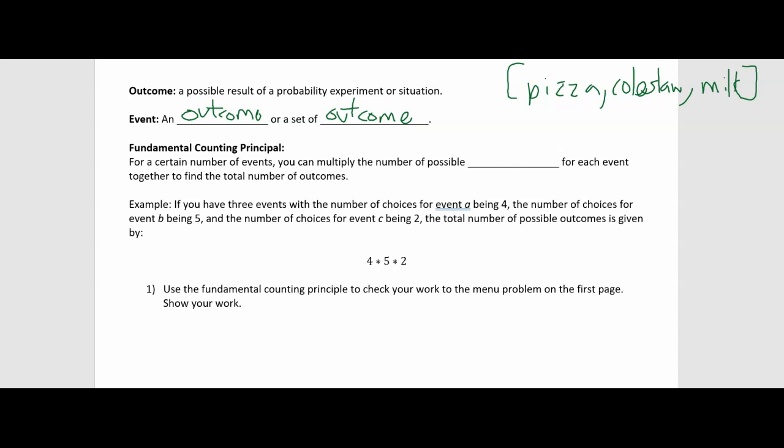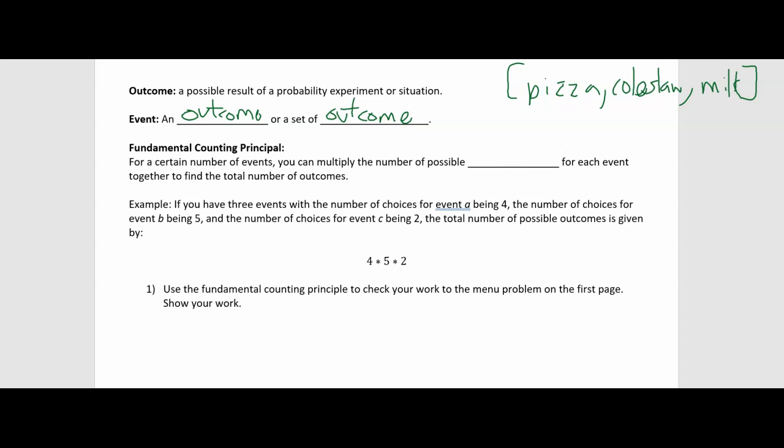You may be asked what's the probability of someone choosing pizza and coleslaw as part of their meal, right? That would be a couple of different outcomes, right? Because you could have pizza, coleslaw, milk, or you could have pizza, coleslaw, juice, or pizza, coleslaw, iced tea, etc.